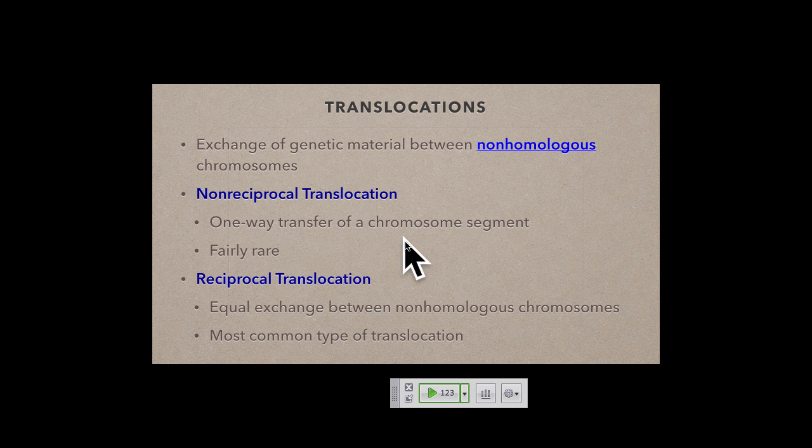A non-reciprocal translocation means just a one-way transfer. One part of the chromosome goes to another one. That's fairly rare, and we're not going to talk about any examples of that. The most common is a reciprocal translocation. You still have all the genetic information. It's just that portions of one chromosome have now exchanged sequences with another one.